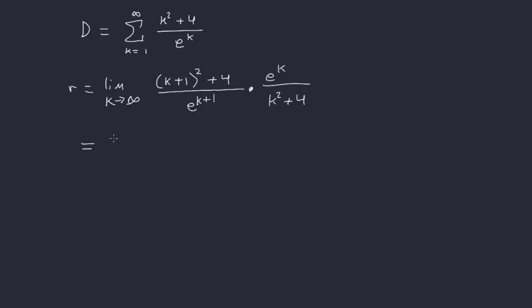Hopefully that helps. Anyway, this will be the limit as k goes to infinity of, I'm going to actually FOIL all this out, right? So that would be k squared plus 2k plus 1, which with the 4 will be plus 5, all over e to the k times e. And then I'll just leave this alone.